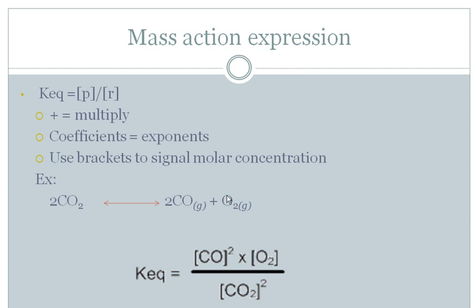The concentration of oxygen gas, coefficient's 1, so we don't necessarily need to raise it to any exponent here, divided by our reactants. Carbon dioxide is the reactant, so that's why it's down here. It has a coefficient of 2, so that's why our carbon dioxide is raised to 2.